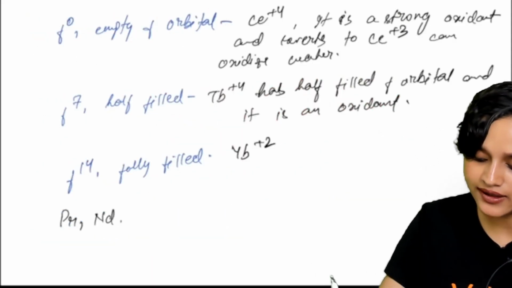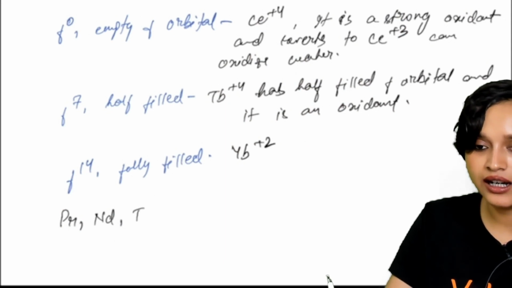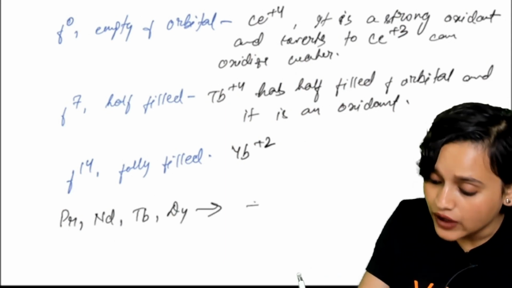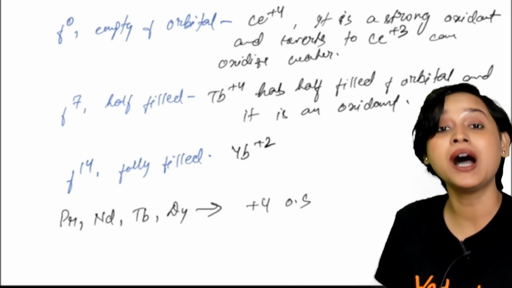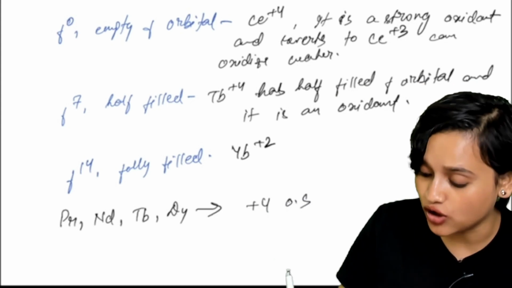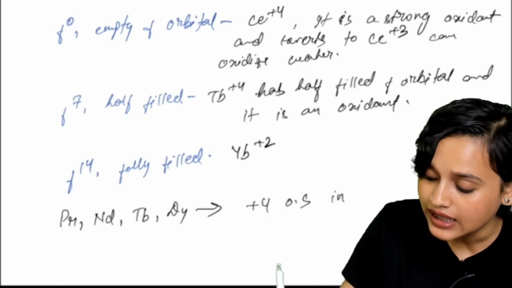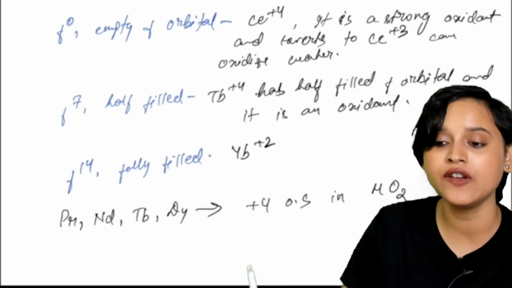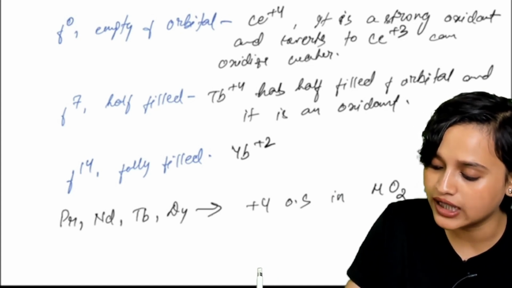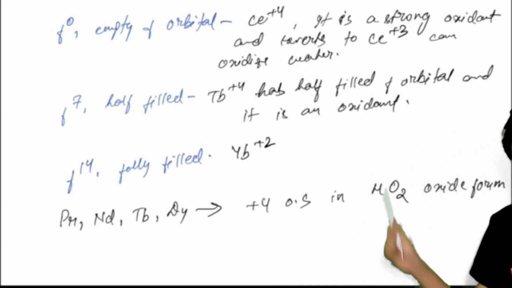Yes, these are the ones. They will show plus 4 oxidation state, but not in aqueous solution. They will only show plus 4 oxidation state in the oxide form, MO2.